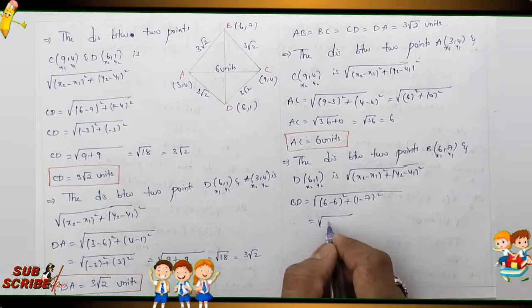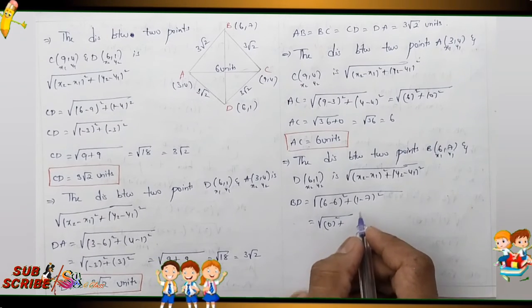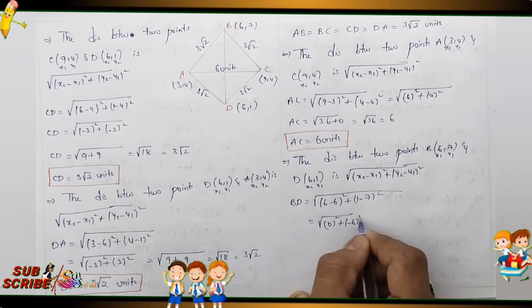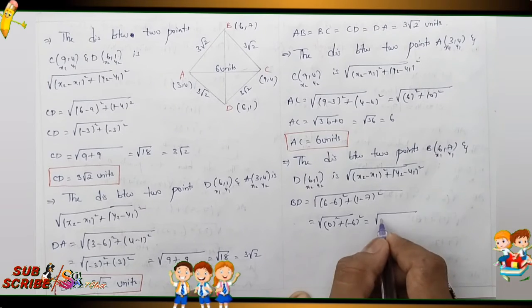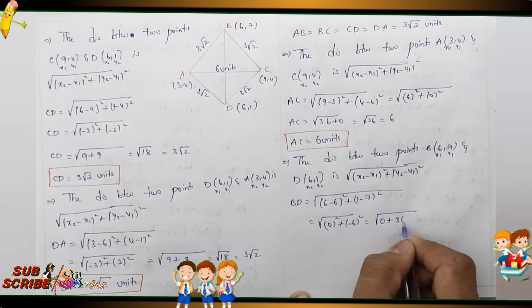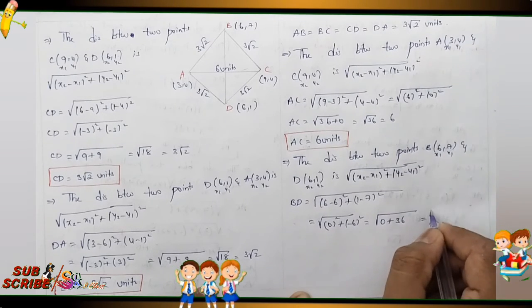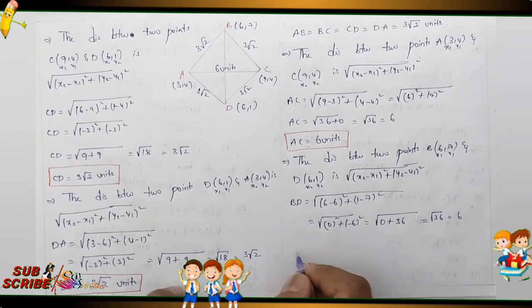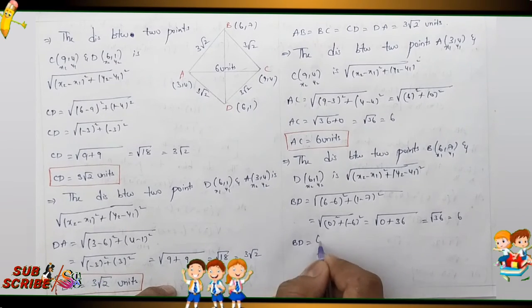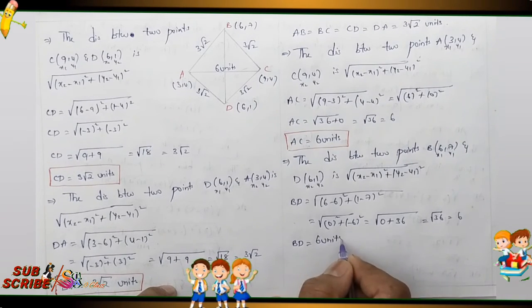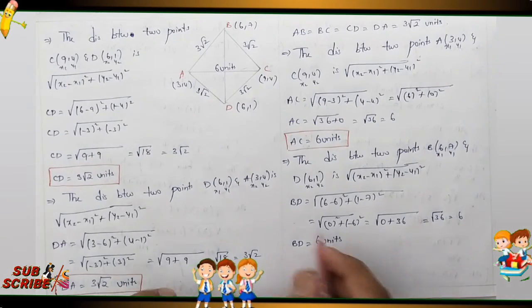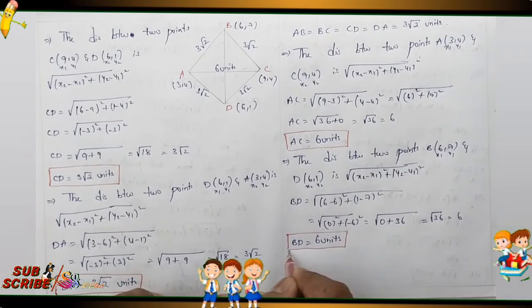Now 6 minus 6 is 0 whole square plus 1 minus 7 is minus 6 whole square. So 0 square value is 0 only. 6 square value is 36, minus becomes plus. Now root 36 value is 6. So BD is equal to 6 units.